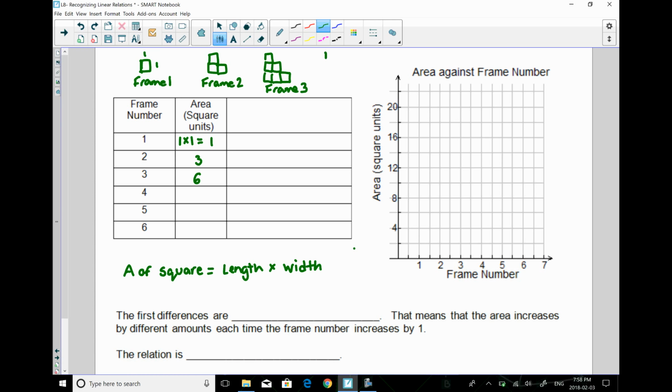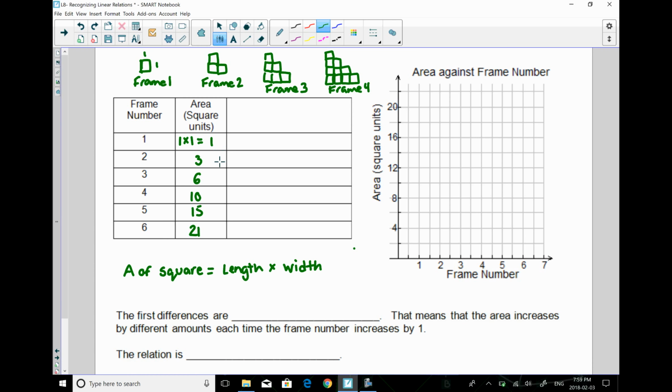And the fourth frame had 1, 2, 3, 4, 5, 6, 7, 8, 9, 10, so we had 10 there. Let's continue this. This is 15 and this is 21, and that's given to us.